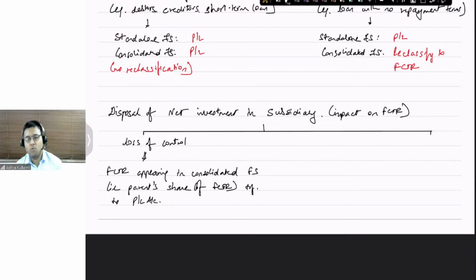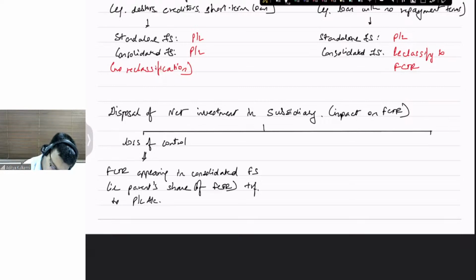Why? Because now you have realized it. FCTR represents that profit which is not realized. Now you sold it. So what are you going to do? You will transfer it to P&L.